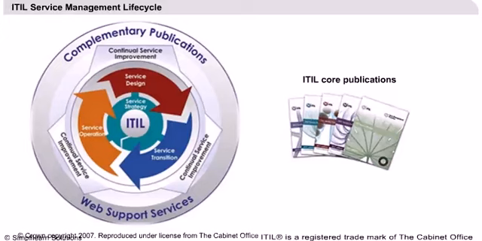The second component being the ITIL complementary guidance, which are additional books providing specific guidance based on industry sectors, organization types, etc. The third being the web support services, which represent the information available from contributors from the industry and other channels.